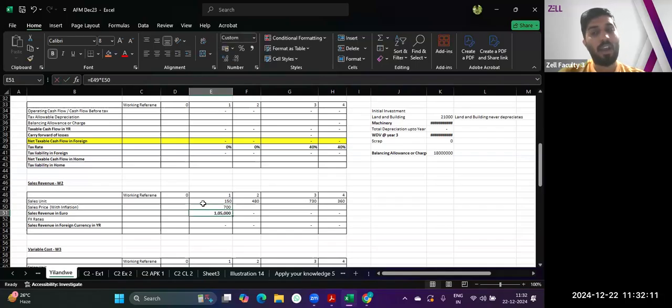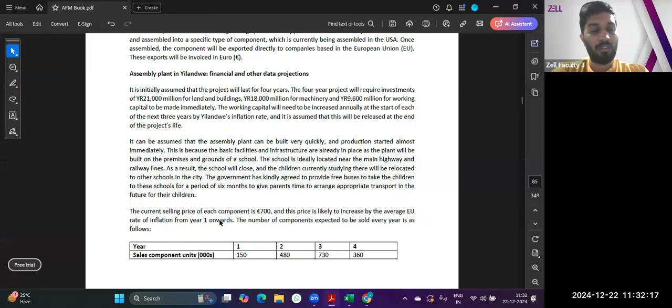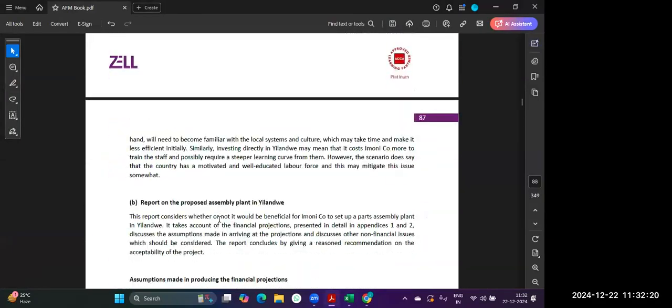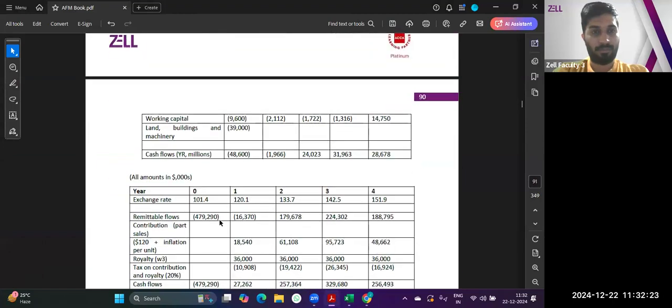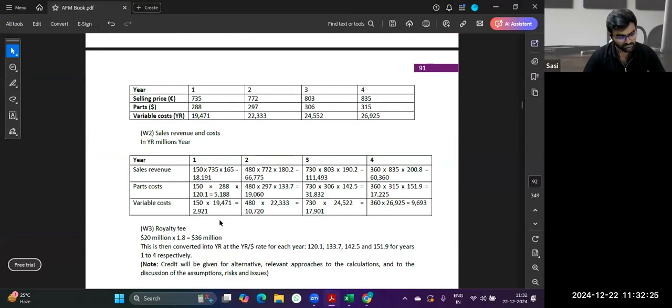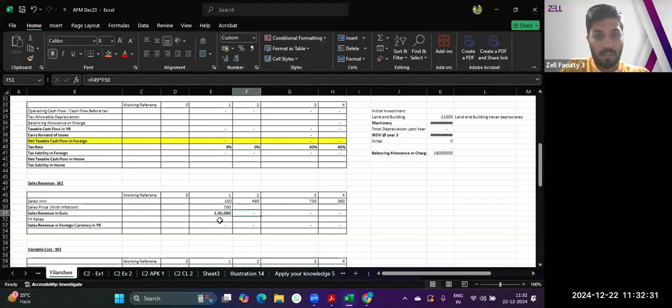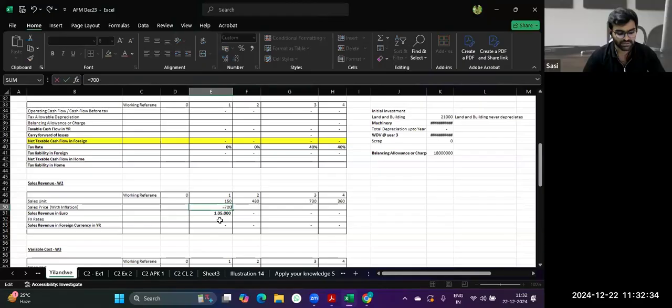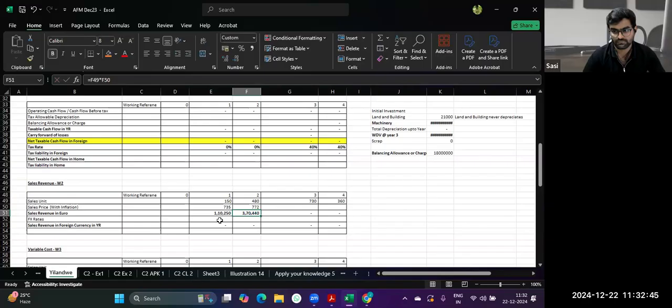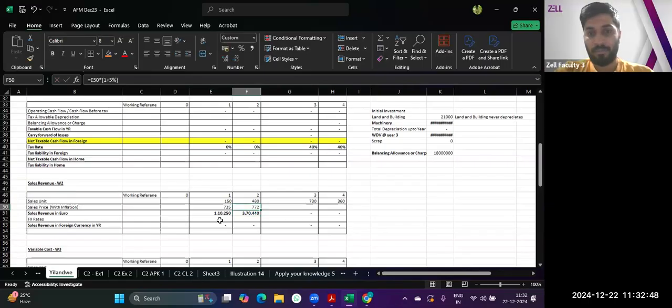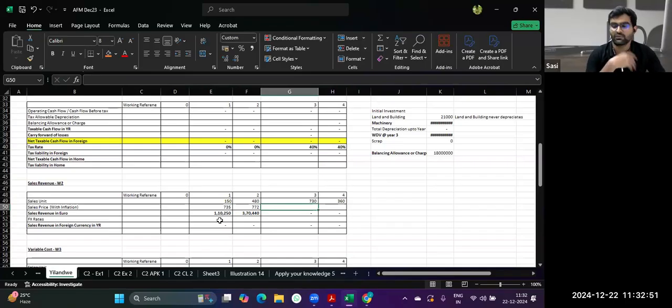Now I have a question for you. Is there any inflation mentioned in the question? Yes, sir. How much is the inflation? Based on the European Union, 5% for 2 years. From the third year onwards, it's 4%.